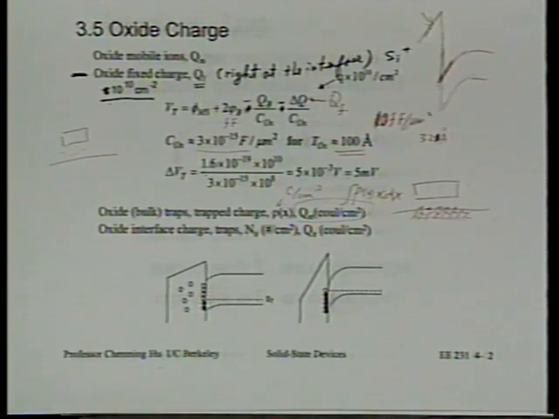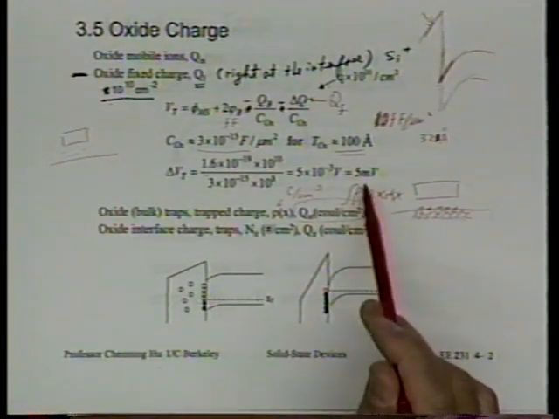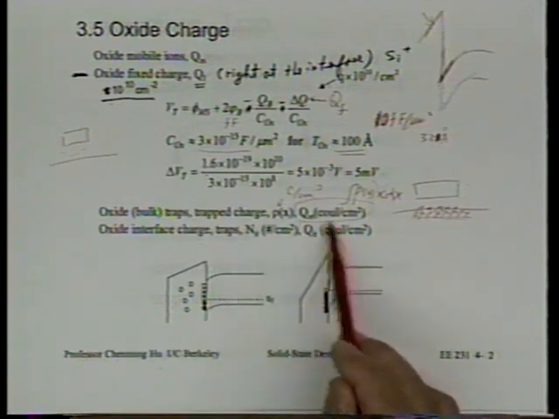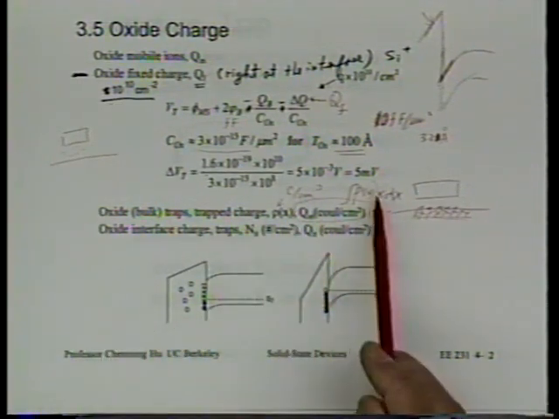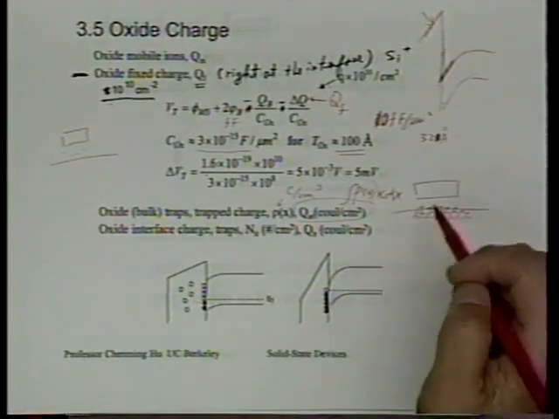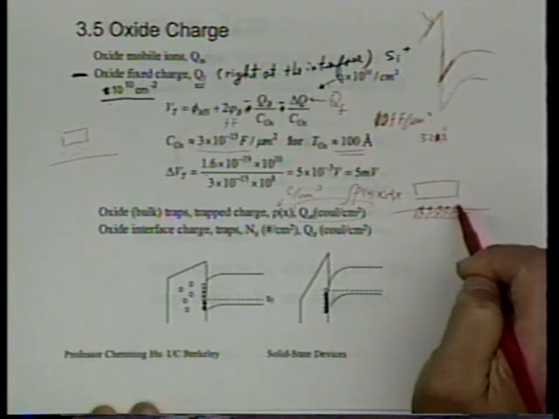I don't think we really ever will try to calculate this because we hardly ever know what rho as a function of x is. How do you know where rho is in a 30 angstrom oxide? If we know the total charge, we're already pretty happy. How can we know where it exactly is? But conceptually, you should know that charge close to the substrate interface has a lot of impact on VT and VFB.